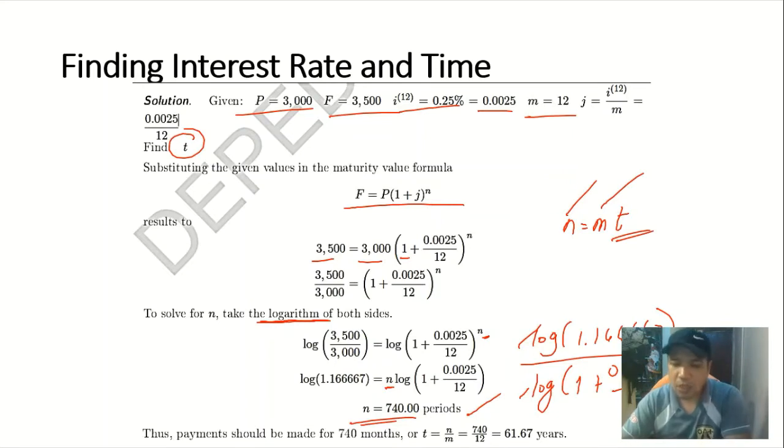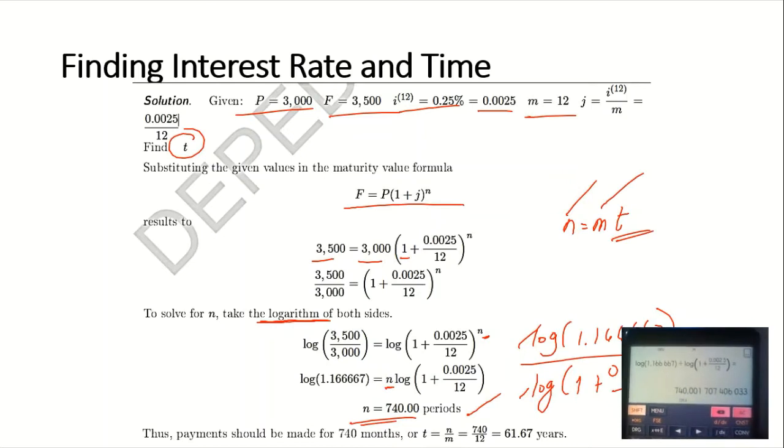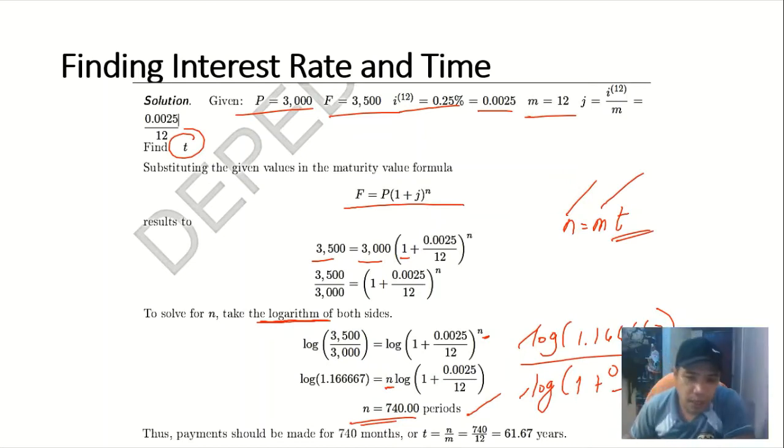That is equal to 740. So 740 is the value of n based on what I got from the logarithm, and the answer is 740 months.